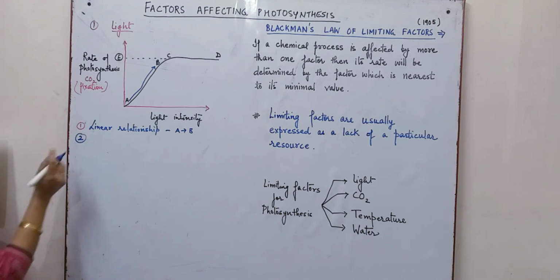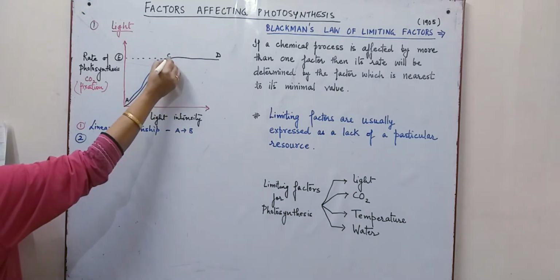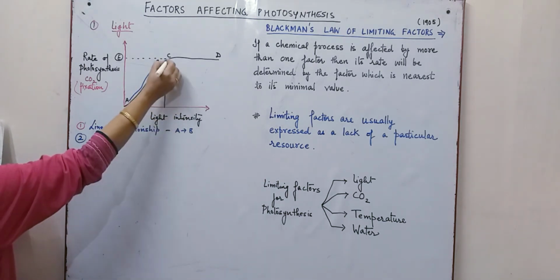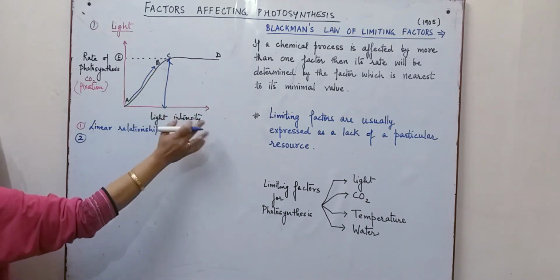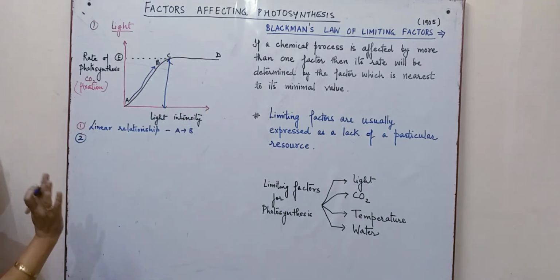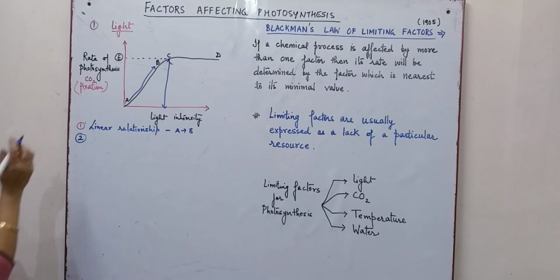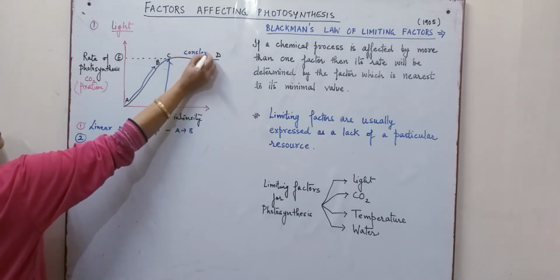Another important point to note is that at very high light intensity, the rate does not increase further. So this is the optimum light. Beyond this, if the light intensity is increased, the rate of photosynthesis remains the same. It does not change and it becomes constant. So over here, it is the constant stage.